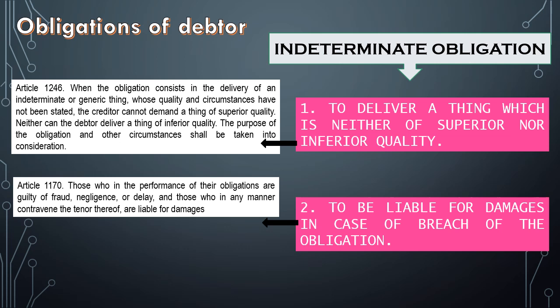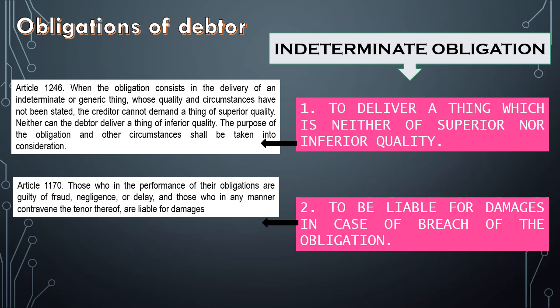Those who are guilty of fraud, negligence, delay, or they contravene the tenor are liable for damages. How about if the breach is involuntary? That is the fortuitous event. And your fortuitous event is the only cause why the debtor was not able to perform the obligation.